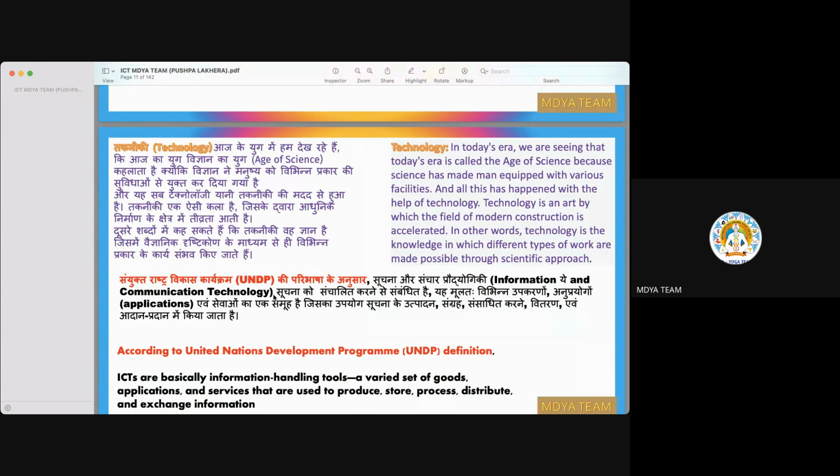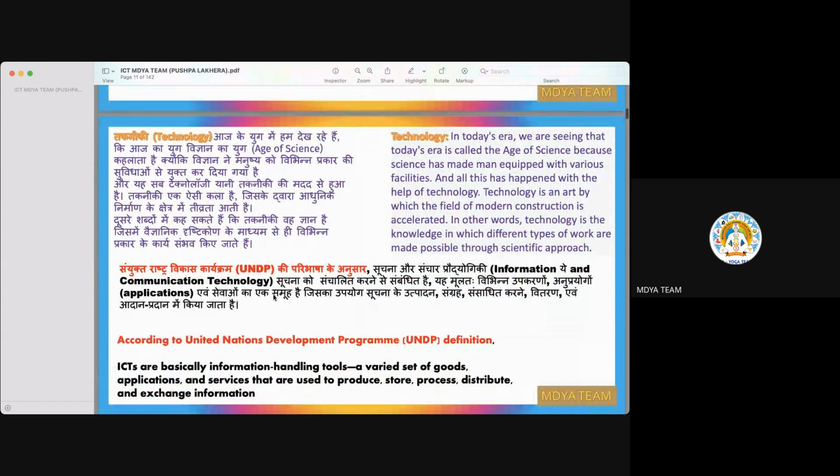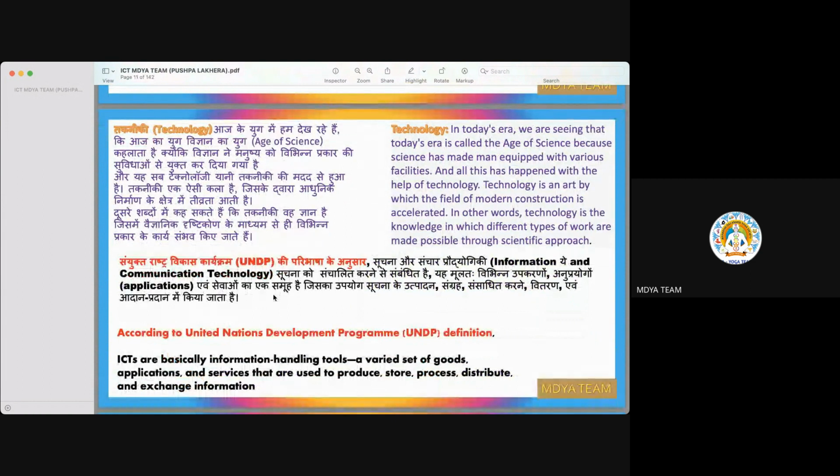And then the technology. Today's era is called the age of science. Science is evolving each and every moment, each and every day, because science has equipped man with various facilities, and we are continuously growing, continuously evolving, finding new ways and new techniques to get more and more information, more and more knowledge from the environment, from the surroundings, from the people.